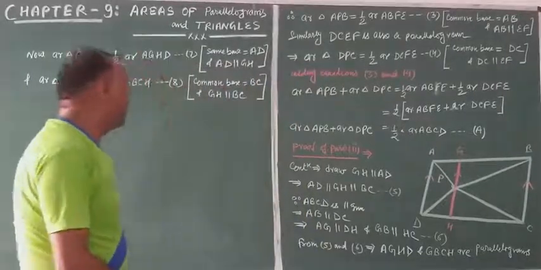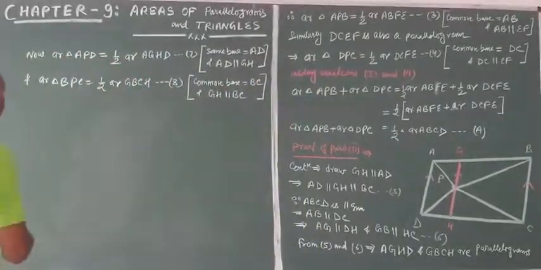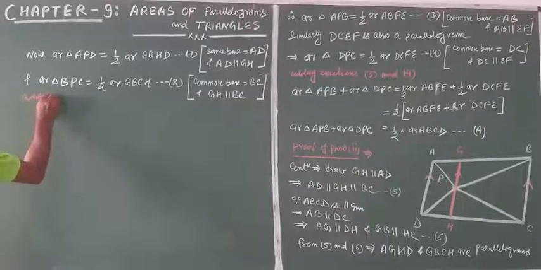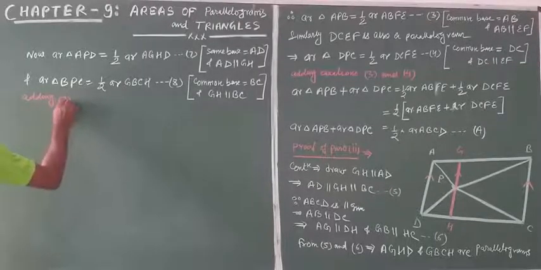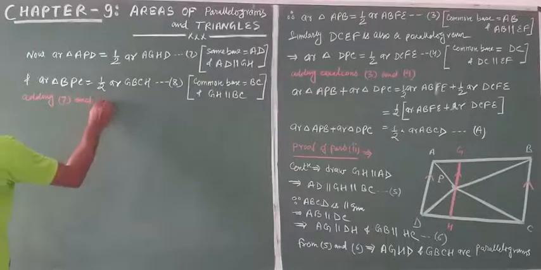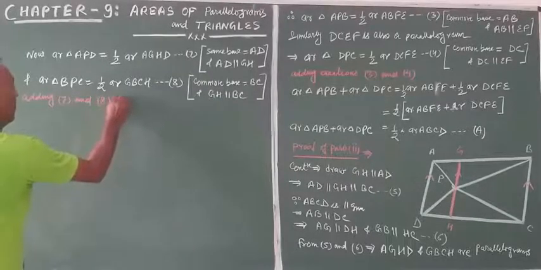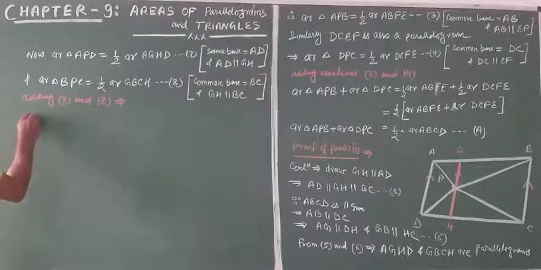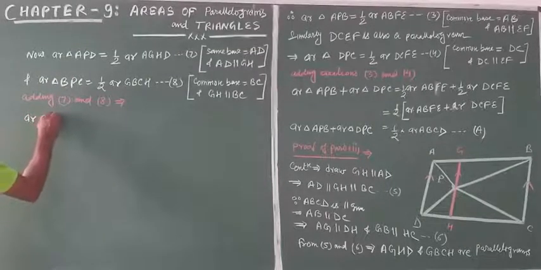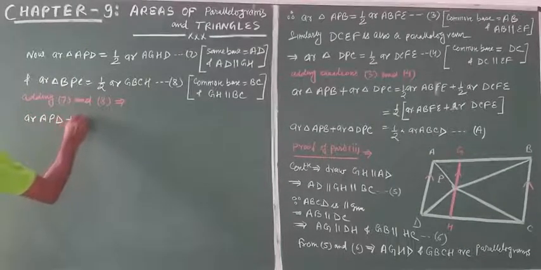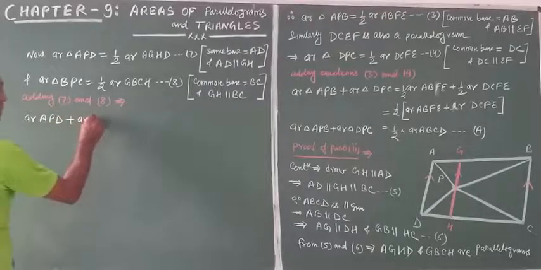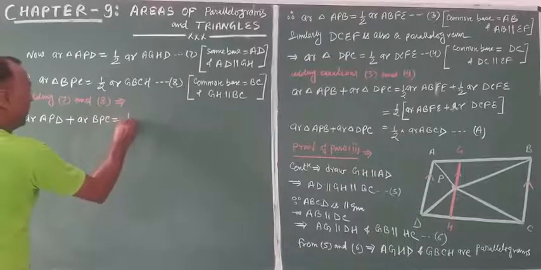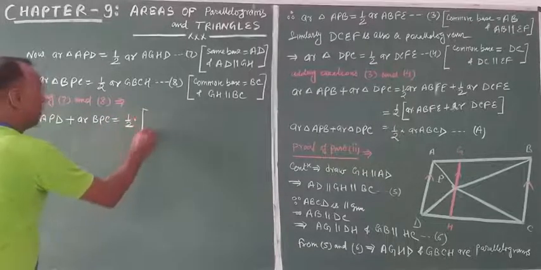Now, in the same manner, adding these two equations 7 and 8. What we will get? Area of APD on the left hand side we will add area of triangle BPC. We can take half common, and what will be here?